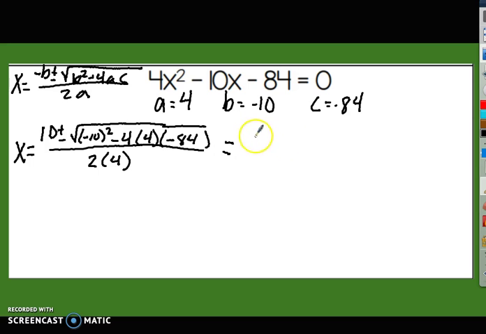I'll say, make sure that you put your values in parentheses. The values that you plugged in need to be in parentheses. So when you did this, it should be 10 plus or minus the square root of 1,444 all over 8.